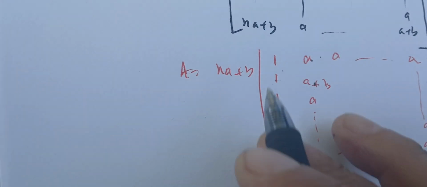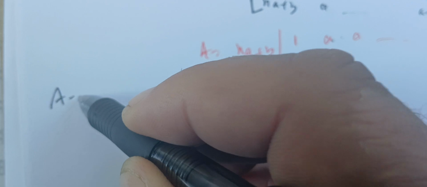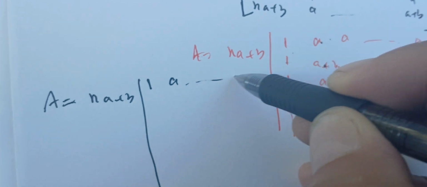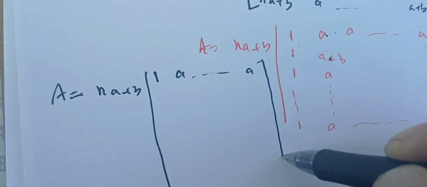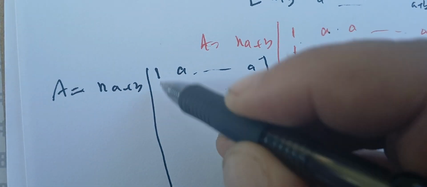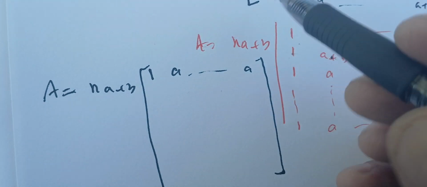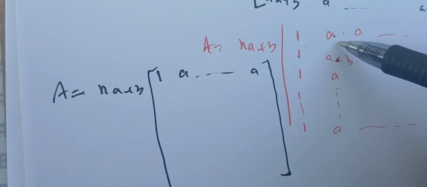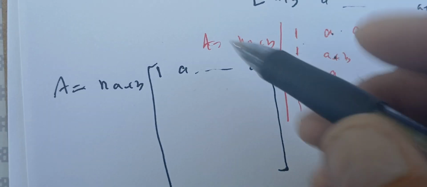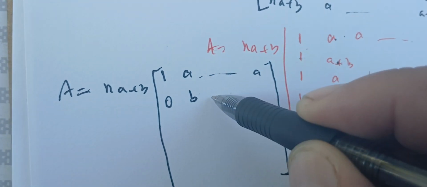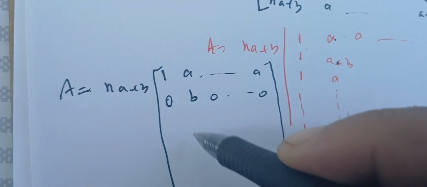Doing that, we still have the coefficient na plus b outside, and the first row is fixed. If we subtract the first row from the second, we get 0, b, and zeros everywhere.